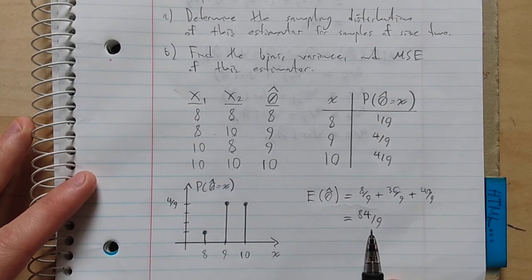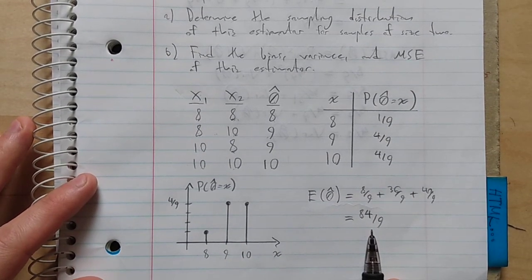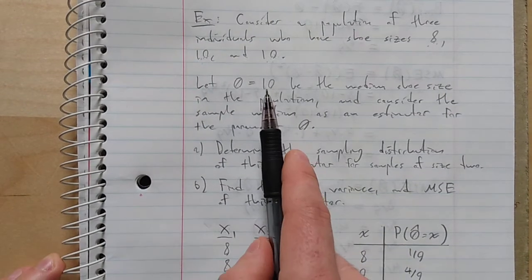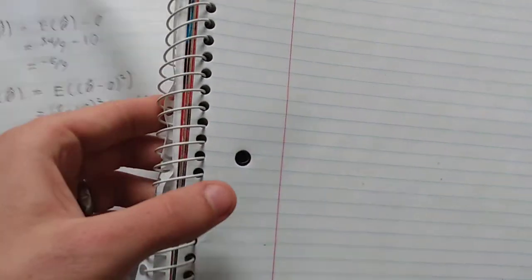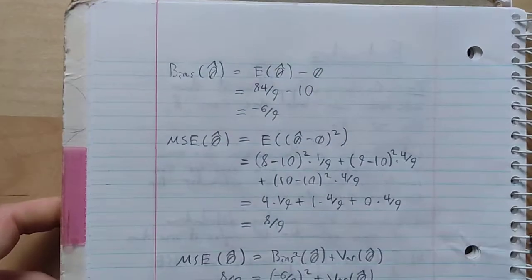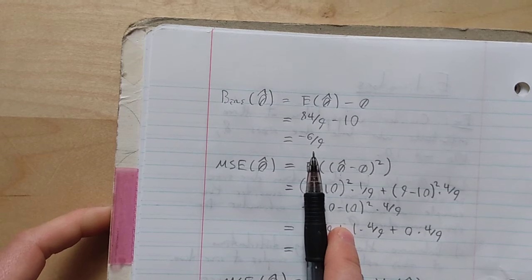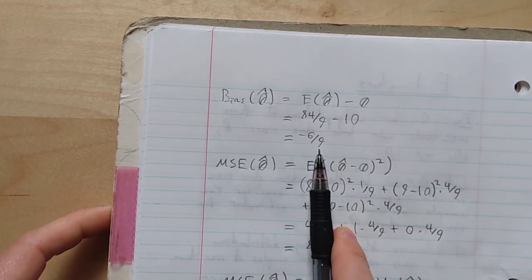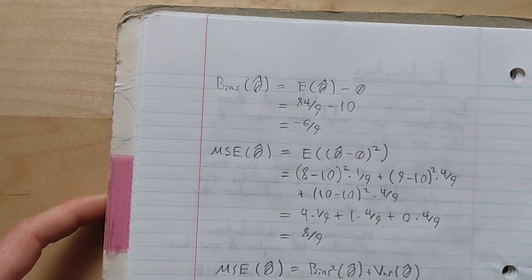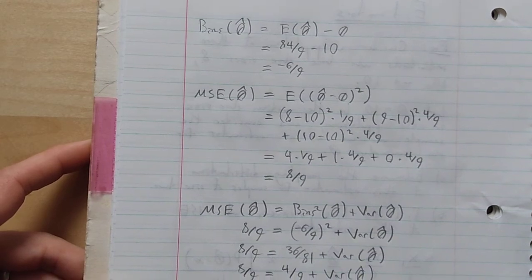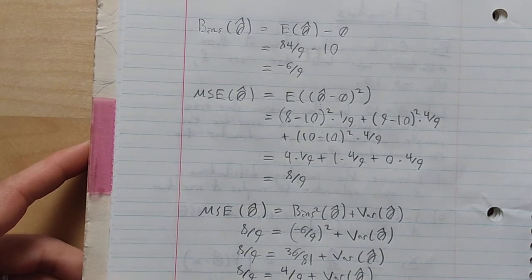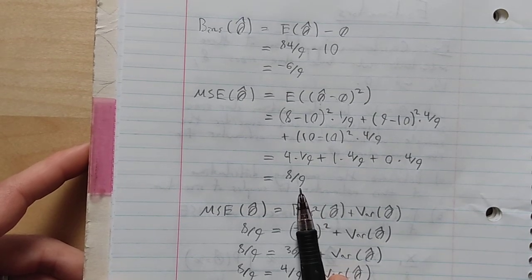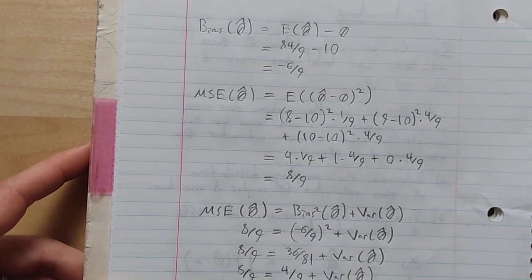Your estimator systematically underestimates the value of the parameter you're trying to estimate, 10, which you saw here. It underestimates it by minus 6 over 9. And the average squared error of your estimate is 8 over 9, around 1, and the variance is 4 over 9.